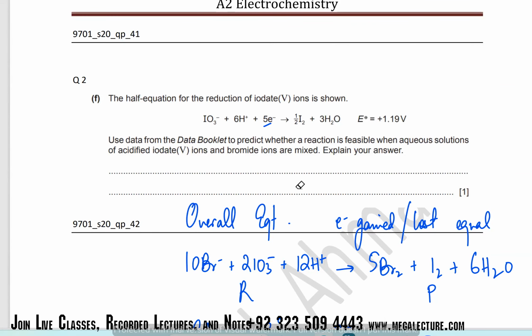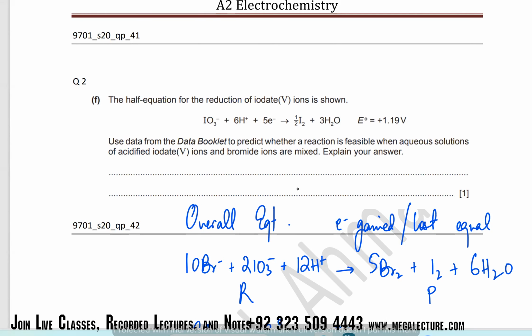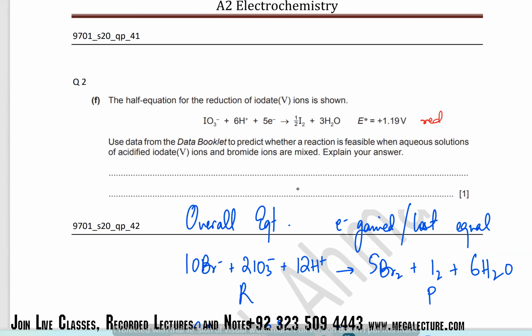So a question. He's saying that this is, I think, your reduction equation because it's clearly gaining electrons, right? 5 electrons being gained. Half equation for the reduction. Use data booklet to predict whether the reaction is feasible when aqueous solution of iodate 5 ions react with bromide ions. ठीक है? तो कह रहा है इसका reaction, is it feasible with bromide ions?